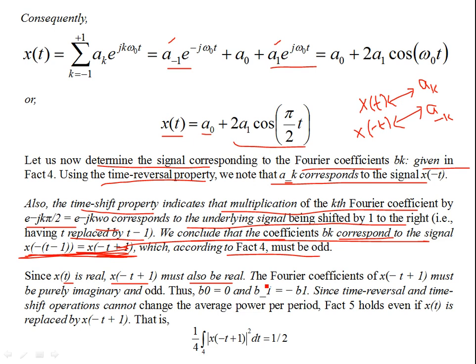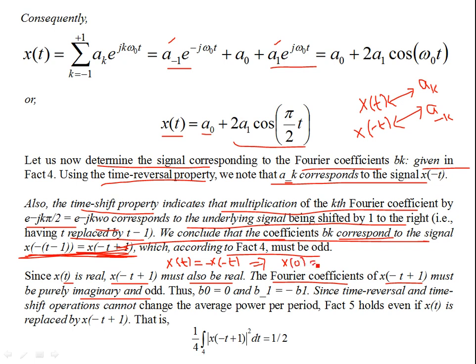The Fourier coefficients of x(-t+1) must be purely imaginary and odd. Alright. If you recall, for an odd signal x(t), I'm just taking an example, x(t) is real in this case, but if x(t) is odd, then it is also written as x(t) equals minus x(-t). So this simply implies that x(0) is 0.